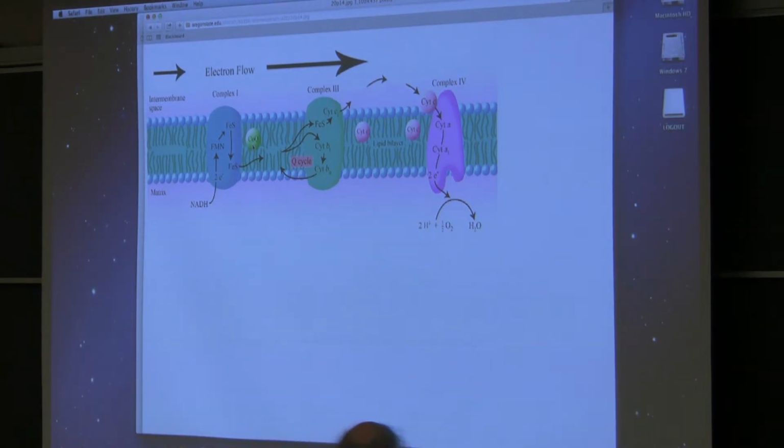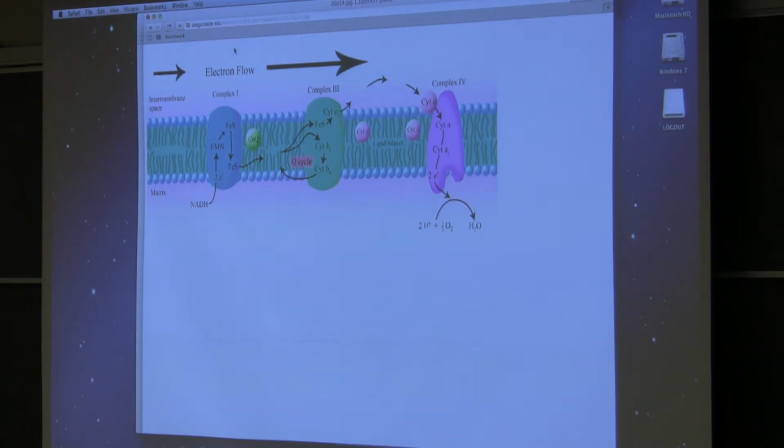Well, what complex 1, 3, and 4 do is cool. As electrons are passing through them, they kick protons out of the matrix. They create a proton gradient. So I'll repeat that.